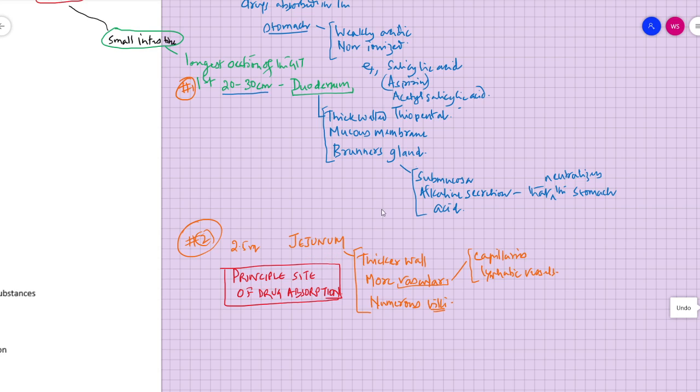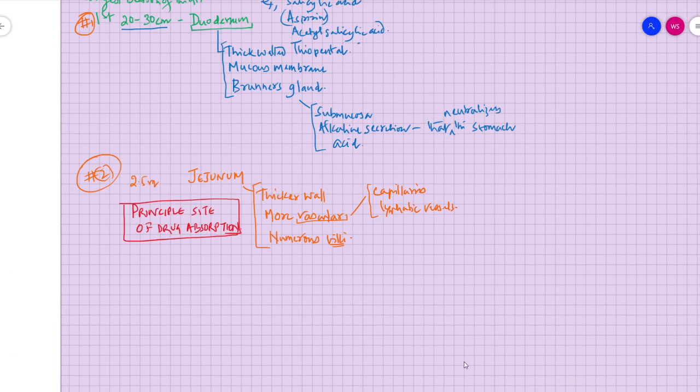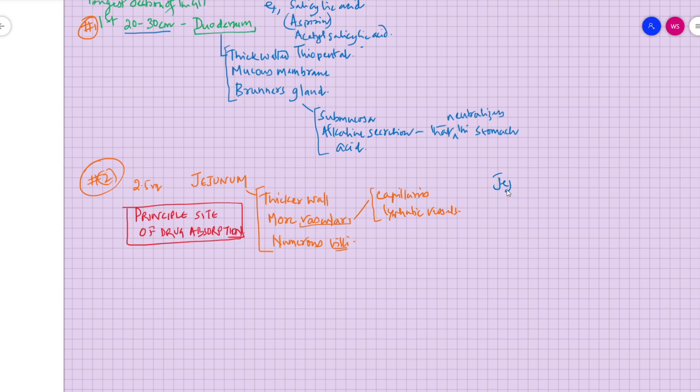That is the reason why in patients who have undergone jejunal resection, which in the UK would be called jejunectomy, we see that absorption is significantly reduced.